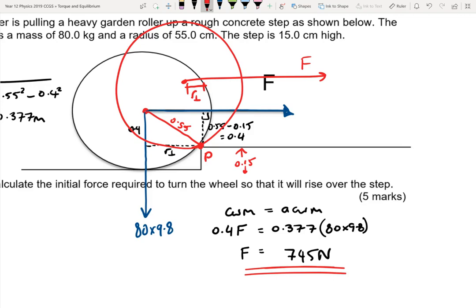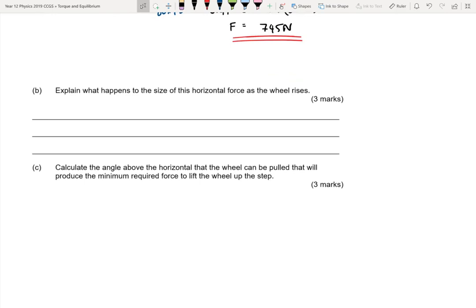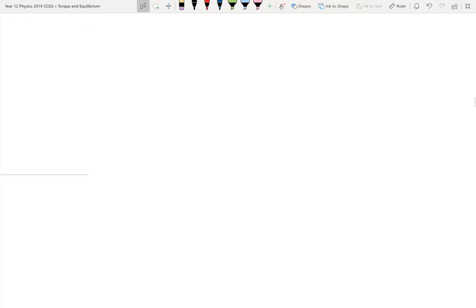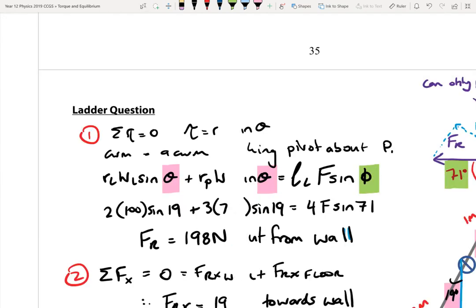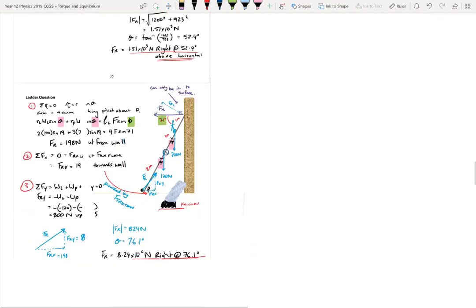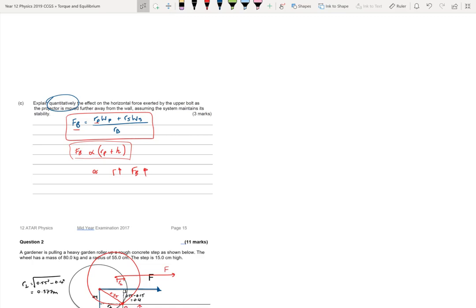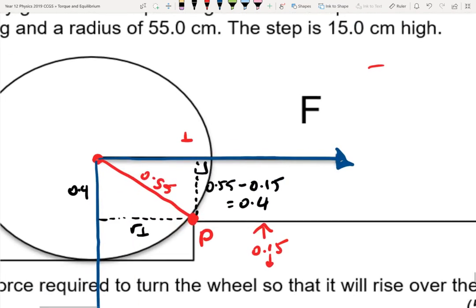Okay? And then lastly, calculate the angle above the horizontal the wheel can be pulled for minimum required force. Well, I'm just going to undo that drawing of the wheel raising up.